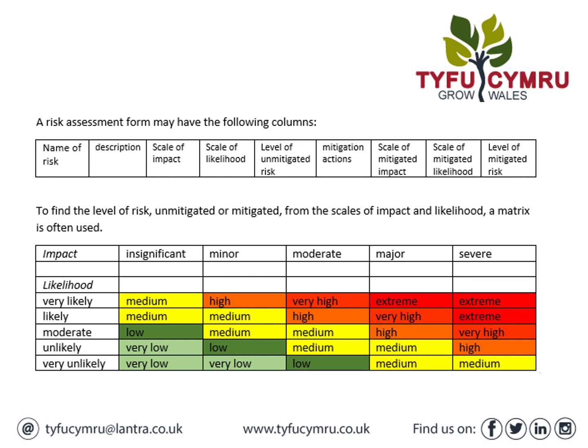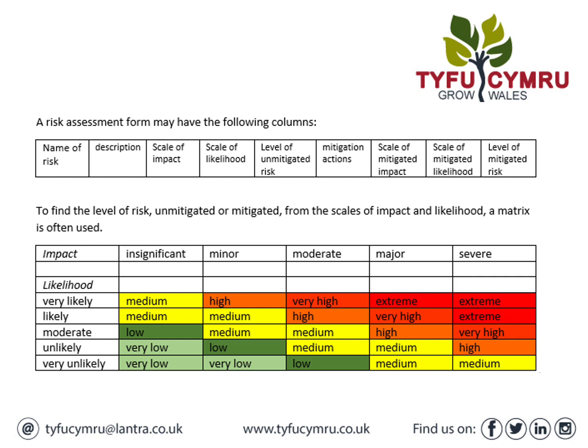So to find that level of risk in the end, unmitigated or mitigated, by using the scales of impact and likelihood, you often use a matrix, and we put the matrix there. So you can see the columns relate to the impact from insignificant to severe, and the rows are the likelihood. So if you have a minor impact but a very likely likelihood, you can see there that it gives you a level of mitigated risk or unmitigated risk, depending on which one you're doing, of high.